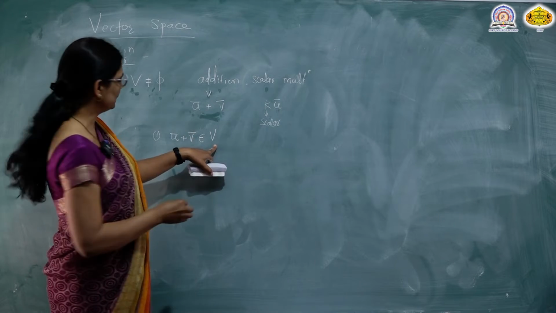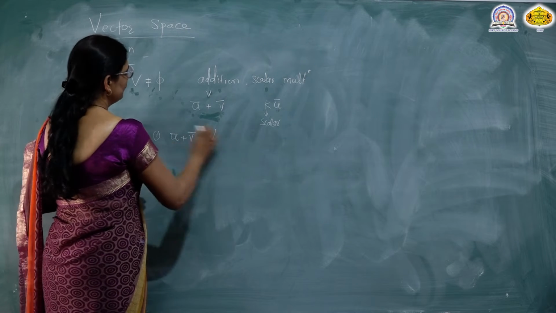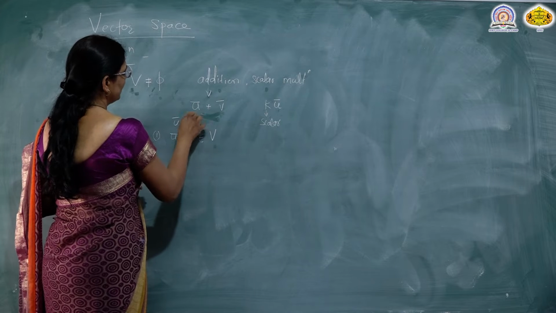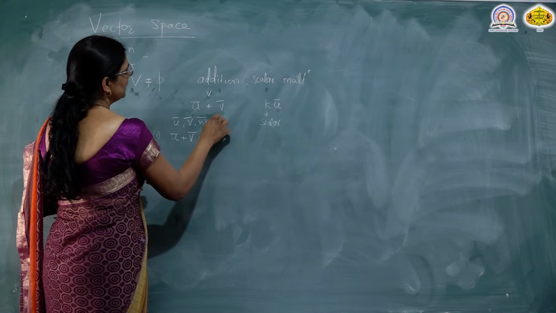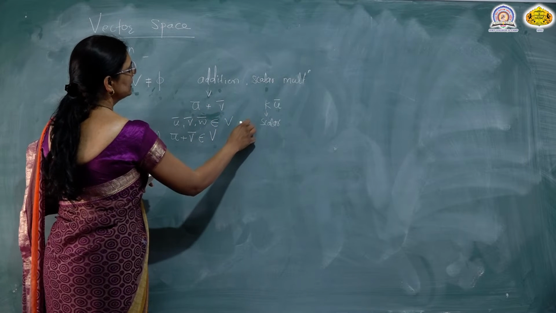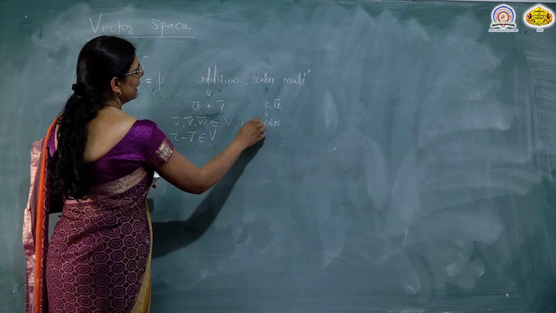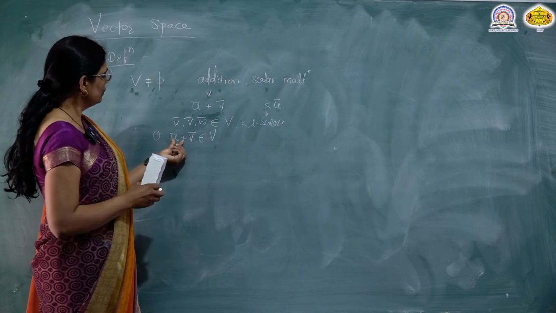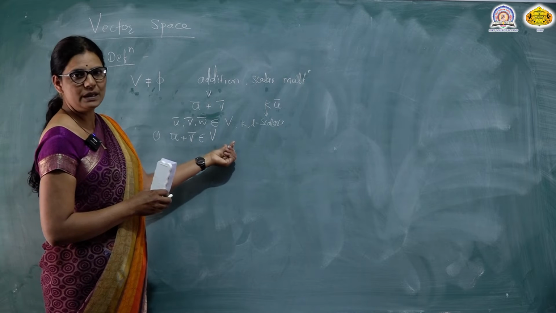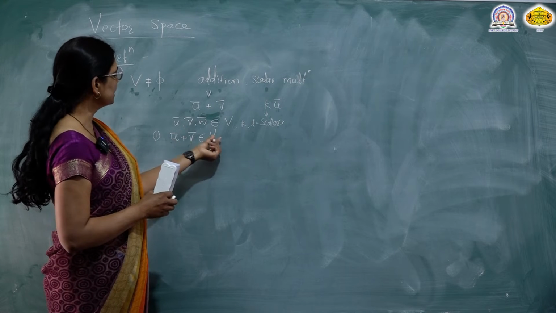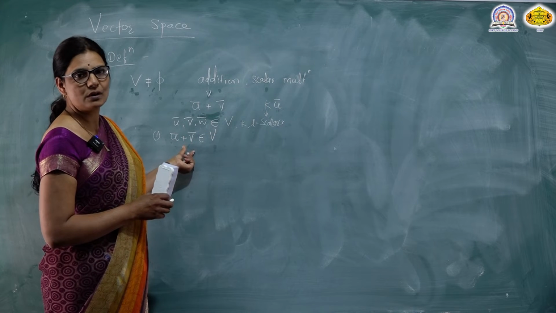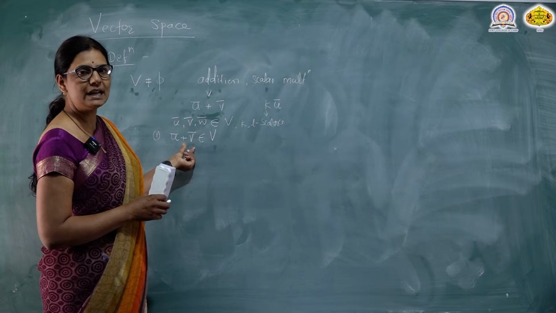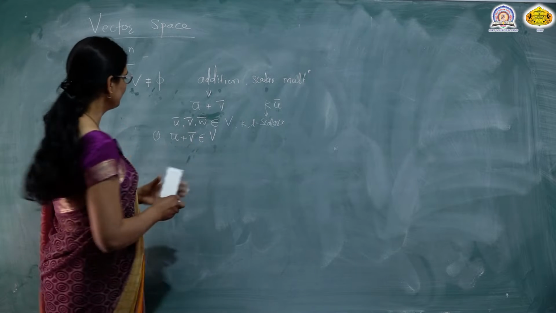This is the first property. Here we consider u bar, v bar and w bar as elements from V, and take k and l as scalars. So, u bar plus v bar belongs to V, that is, addition of two vectors is again in V. It is also called vector addition, or simply addition, or the sum of two vectors.